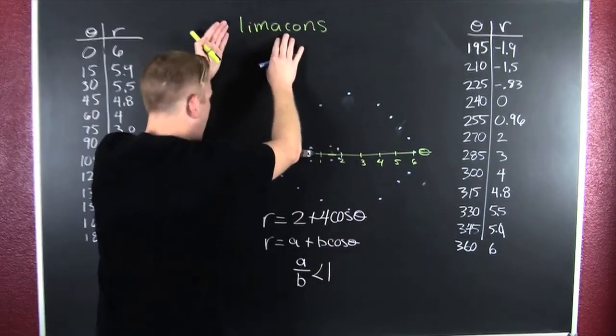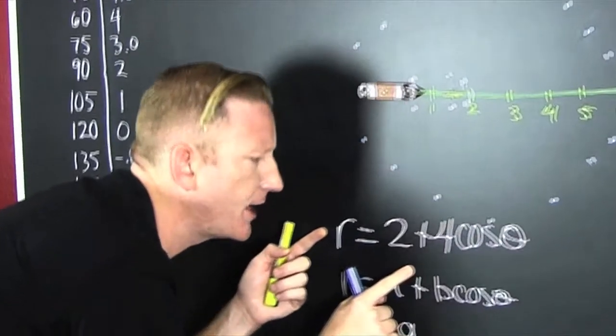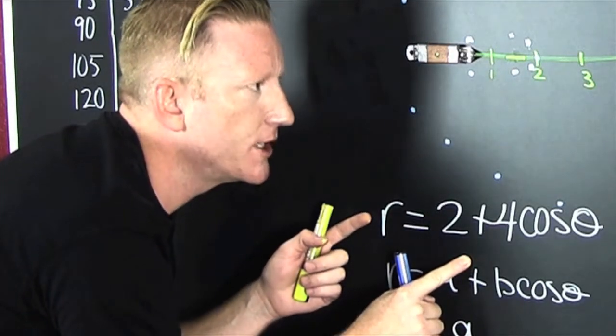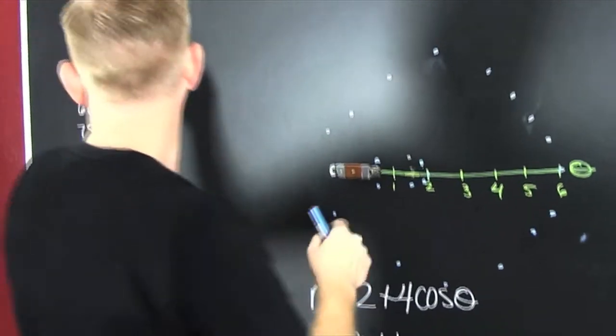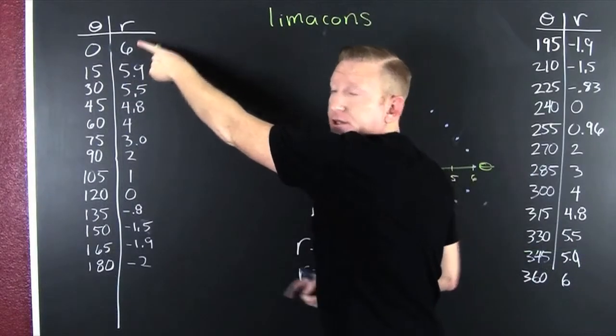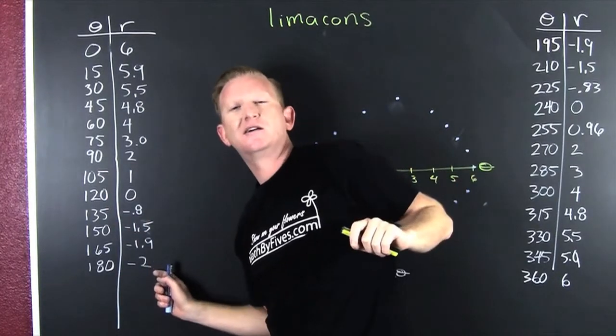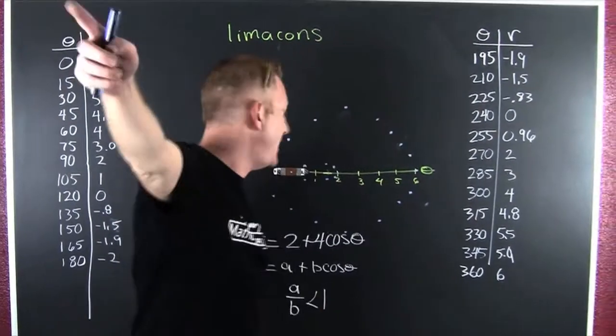Oh God, oh God! This guy, I'm graphing r = 2 + 4 cos θ, and I start here in degrees. With our theta, our independent variable, we get out our r's.